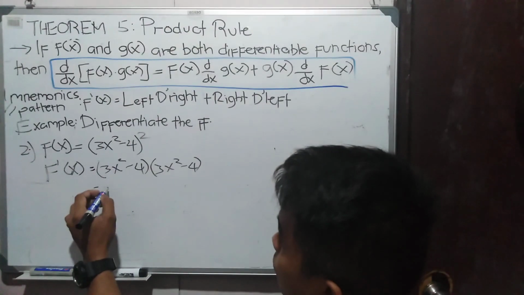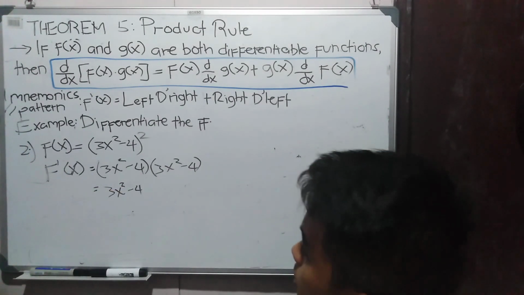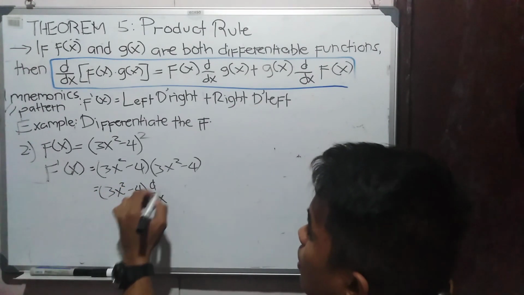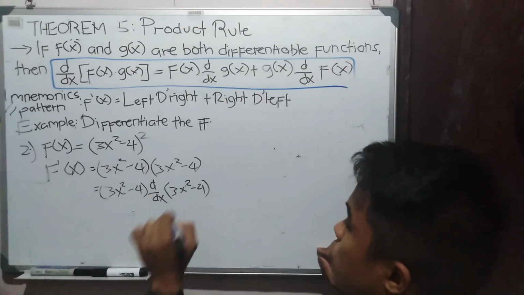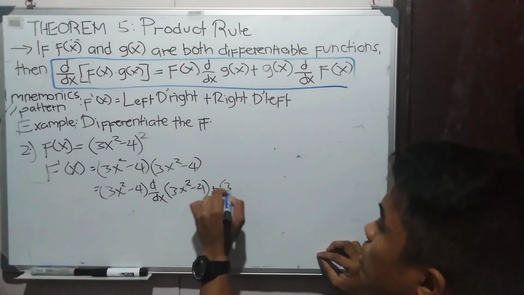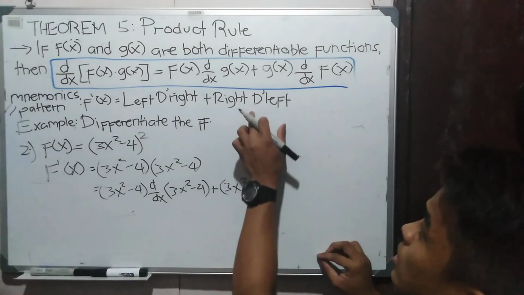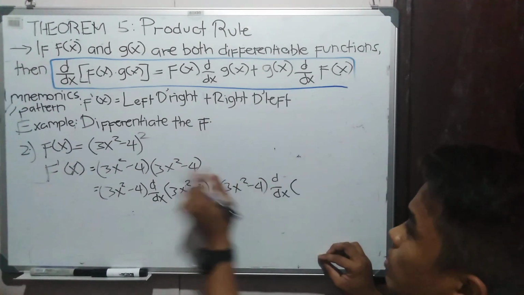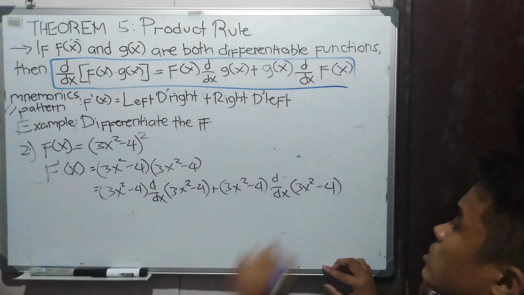So, we have the left, 3x squared minus 4, times the derivative of right, which is 3x squared minus 4, plus right, which is the quantity 3x squared minus 4, times the derivative of left, which is 3x squared minus 4.